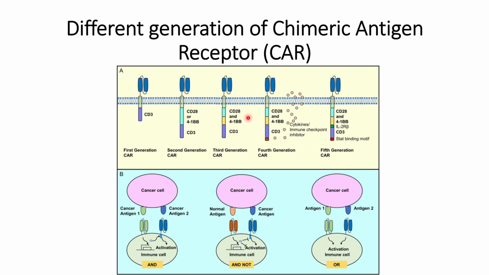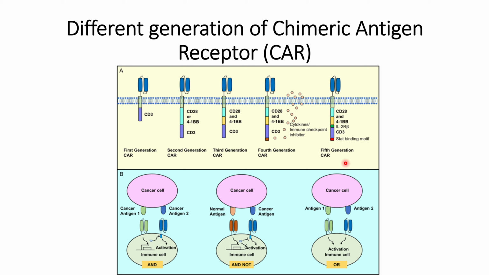And in the fourth generation CAR, they have introduced another STAT binding motif that can help in the cytokine release, or prevent the immune checkpoint inhibitors that are present on the tumor cells from deactivating the T cells. This is the fourth generation CAR.